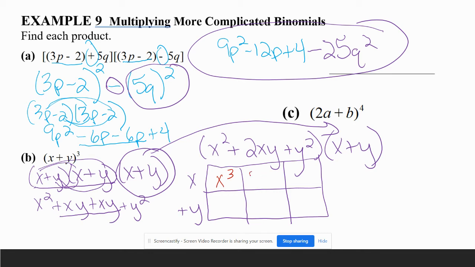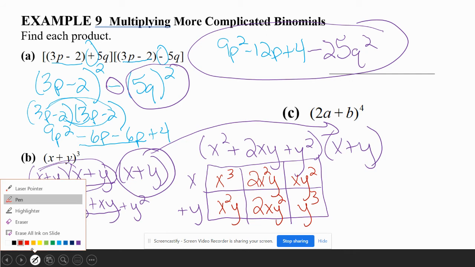X times 2xy, 2x squared y. X times y squared, xy squared. Y times x squared is x squared y. Y times 2xy is 2xy squared. Y times y squared is y to the third.